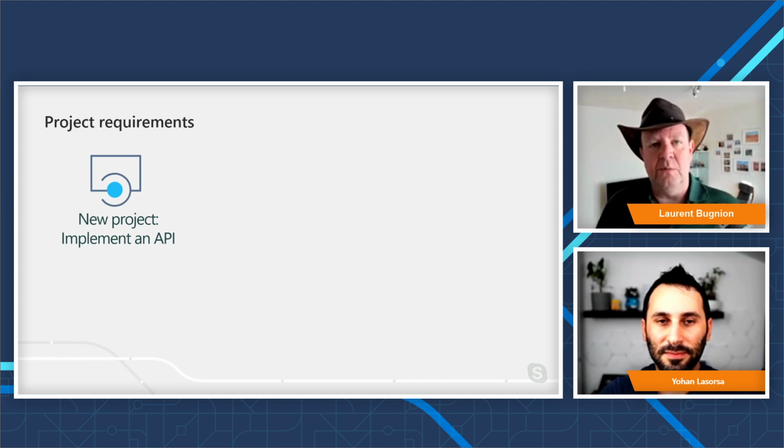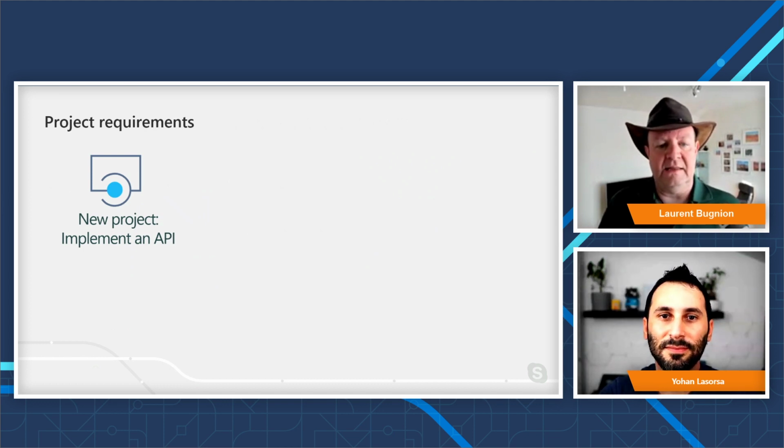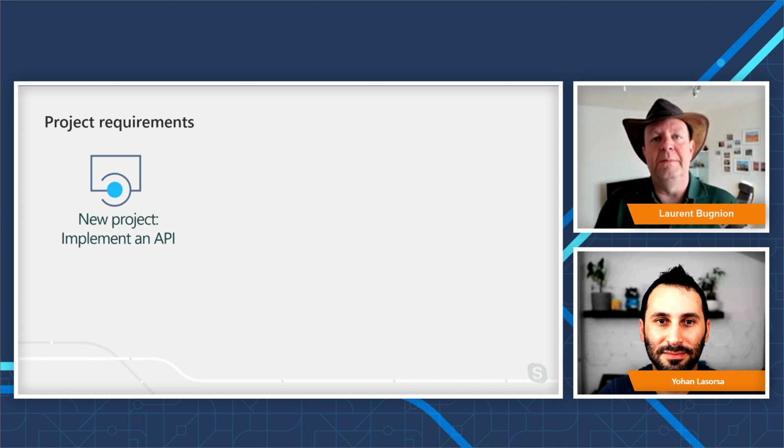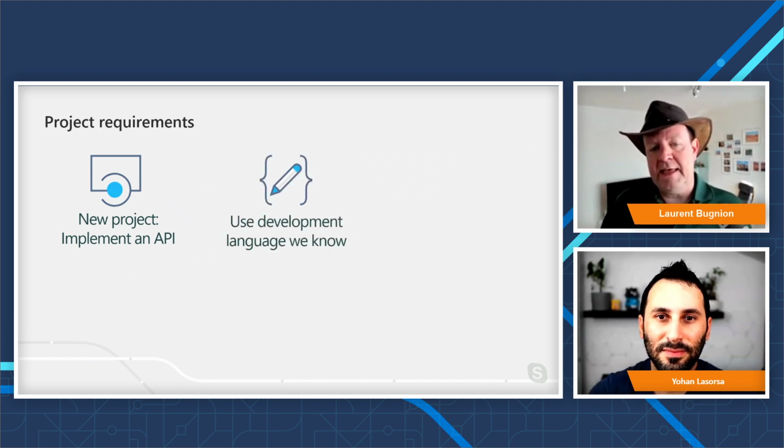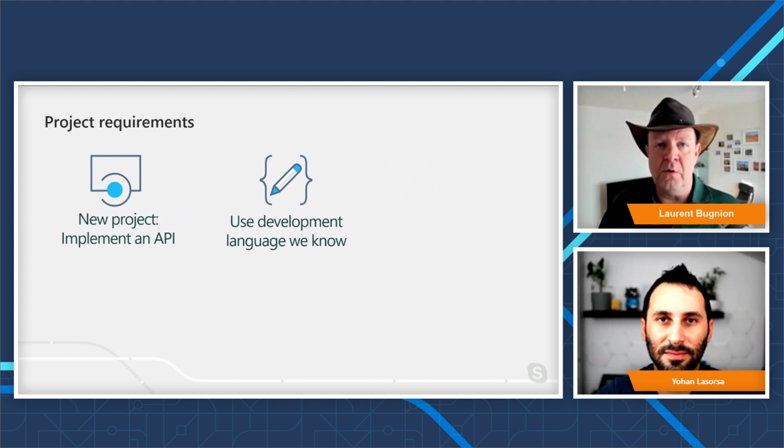The first thing is that we want to implement an API. And why an API? Well, we don't want to be monolithic anymore. We would like to spread things out, and an API, an application program interface, is a good way to do that. So that's the first requirement. And we would like people to use a development language that they know, and the firm already has some JavaScript developers, right?